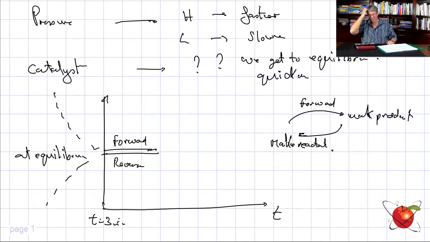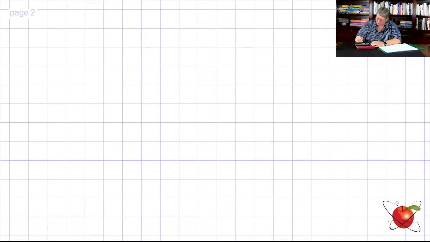Now, if we increase the concentration, we are going to affect the reaction, are we not? Let's talk first of all about increasing concentration. I didn't say of what.